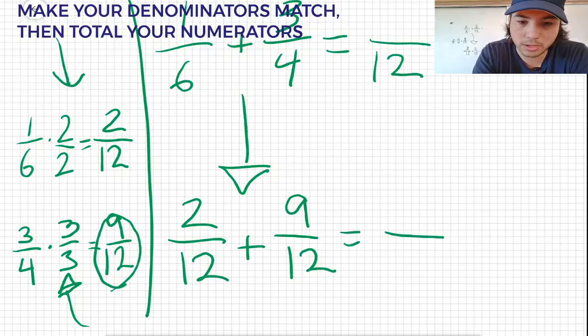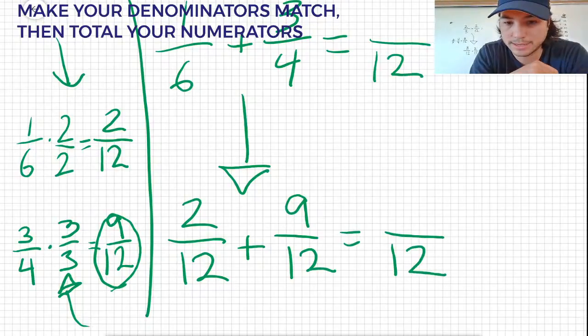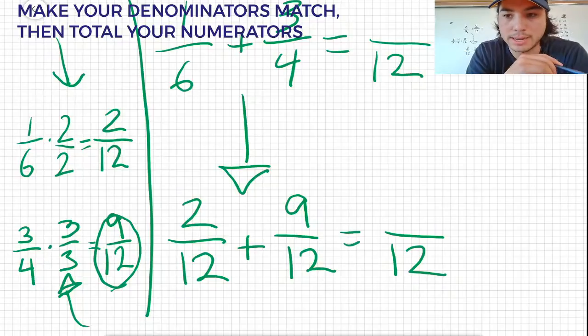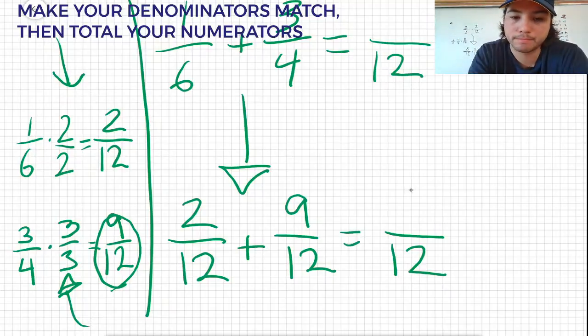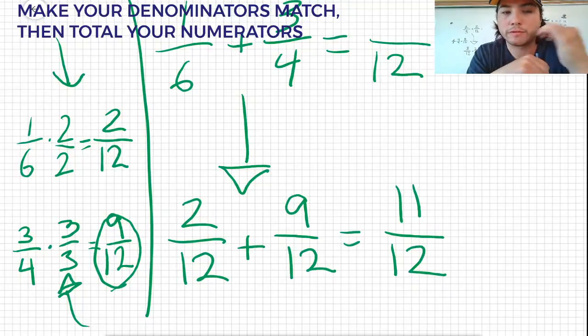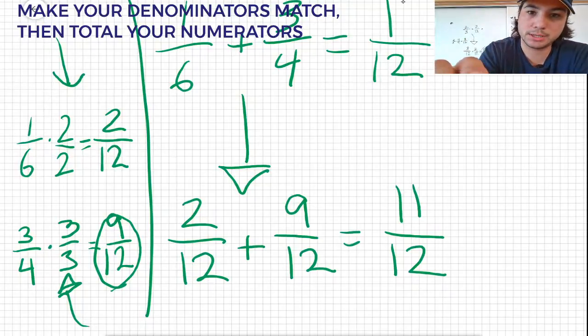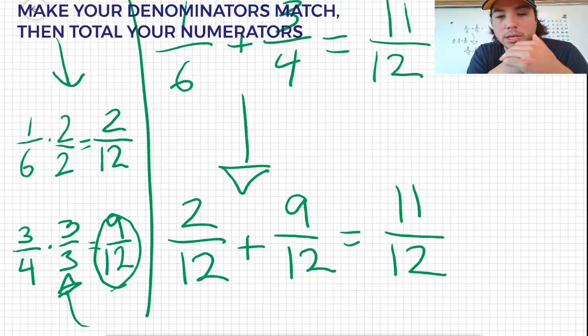Now, we can keep our twelfths because we're not changing the size of the piece and just add 2 plus 9. Count on if you need to. 9, 10, 11. To get 11/12. So our final answer, if we put it back up here, is 1/6 plus 3/4 equals 11/12.